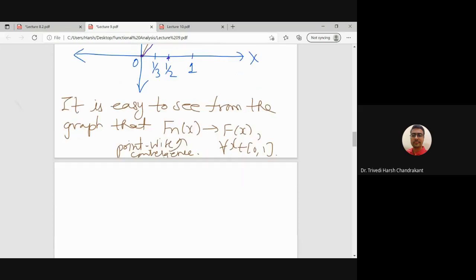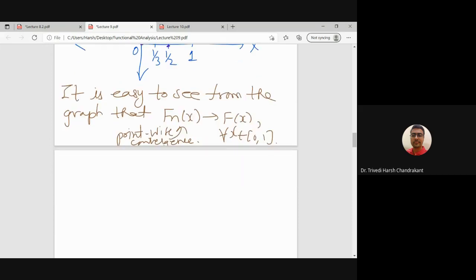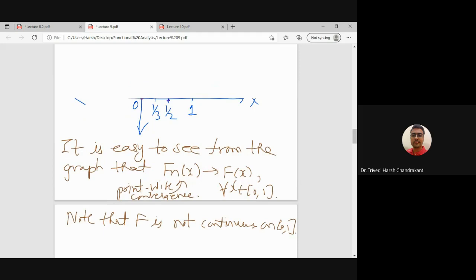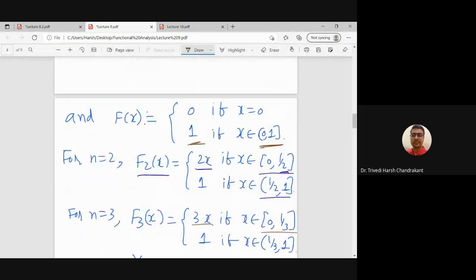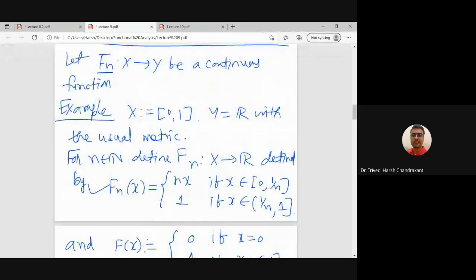Of functions, and here note that the function f is not continuous. So pointwise convergence does not imply uniform continuity.